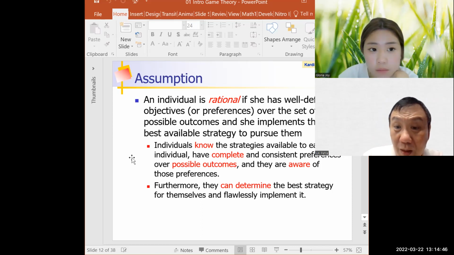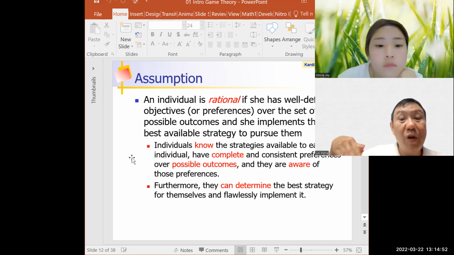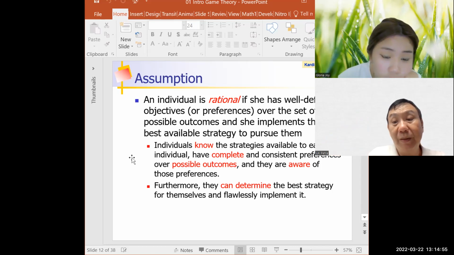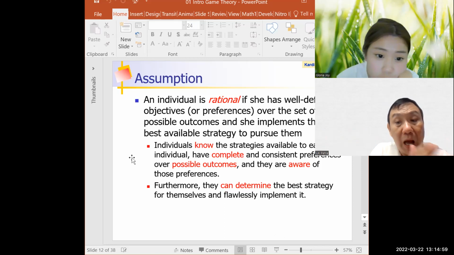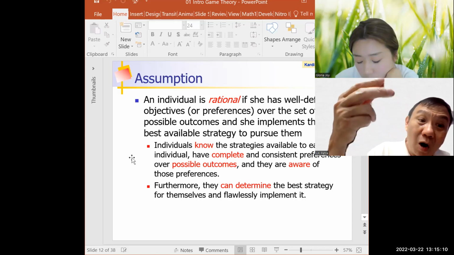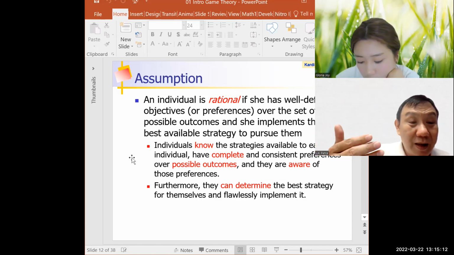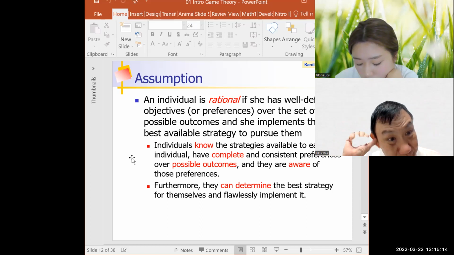Okay, so the individual knows the strategies available to each individual. Okay, and you have complete information, consistent preference, okay, over all the possible outcomes, and you are aware of those preferences. Not only you, as one of the players, are aware of all of this, but your opponent should also be equally rational. Okay?